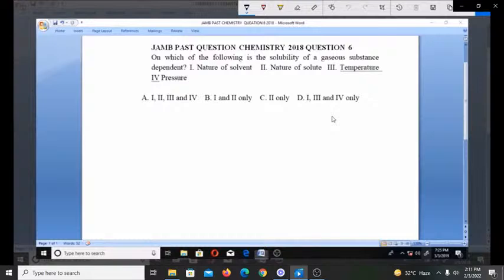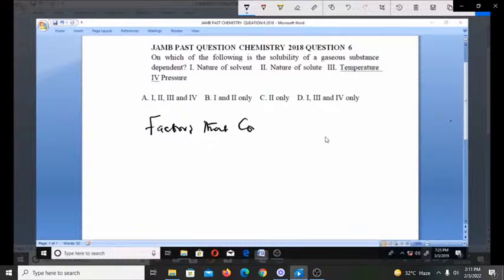Now, for us to fully understand this question and be able to take good care of it, we need to first of all know the factors that determine the solubility of gases.